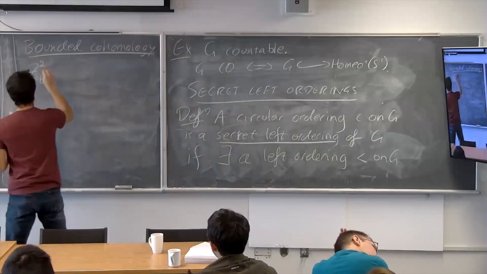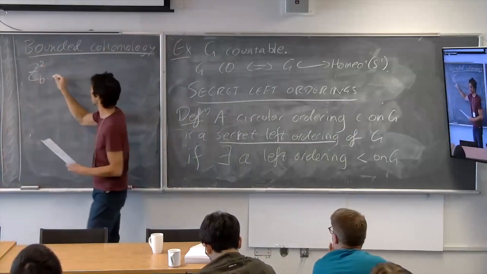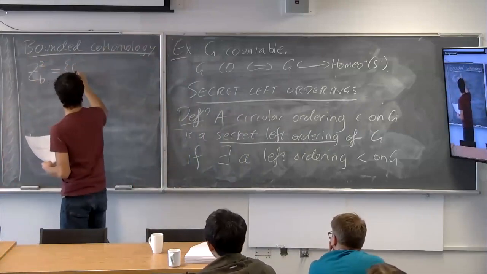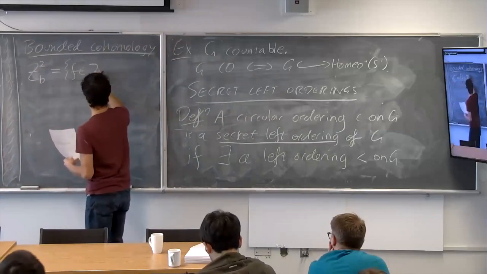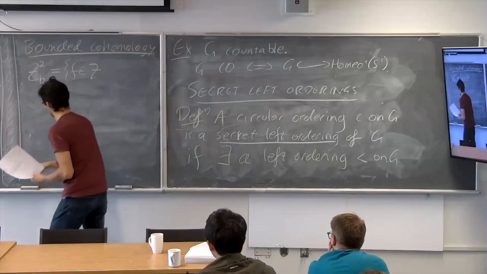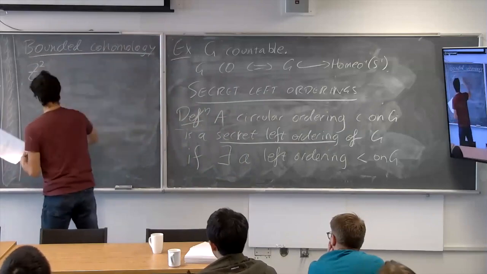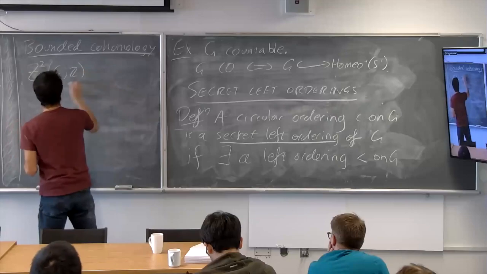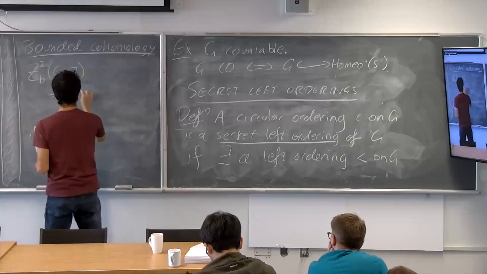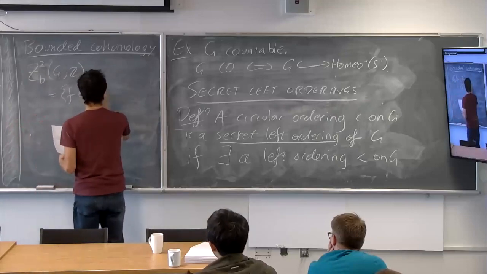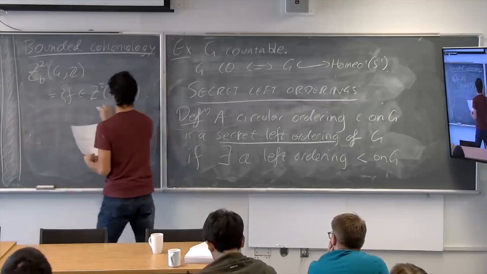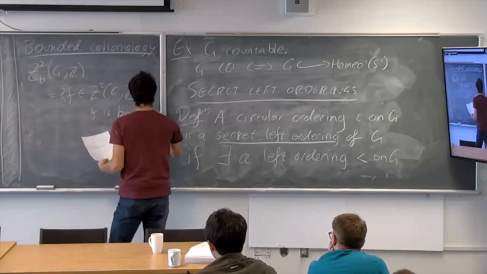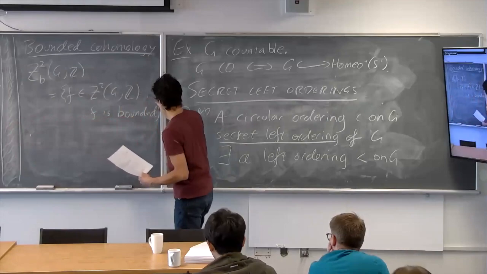So we're going to look at the set of bounded cocycles. What is this? Oh, sorry, I have to give you a group and the coefficients here, G and Z. So this is all the elements f of regular old Z^2(G, Z) such that f is bounded. What do I mean by bounded here?